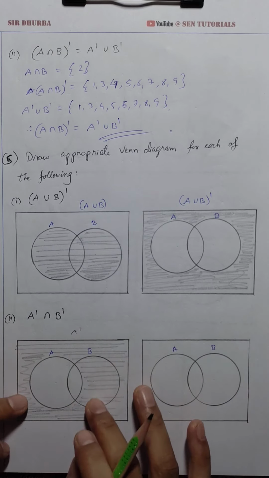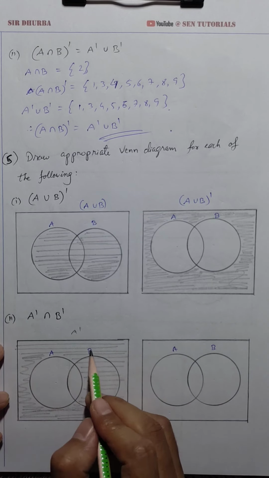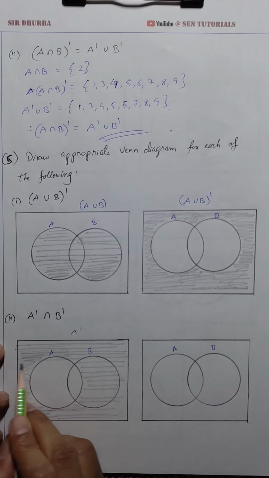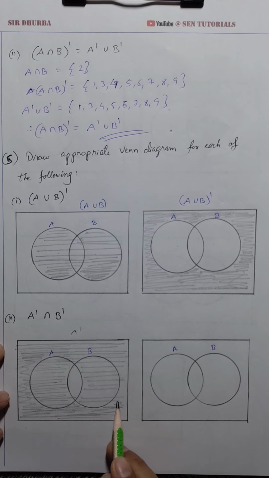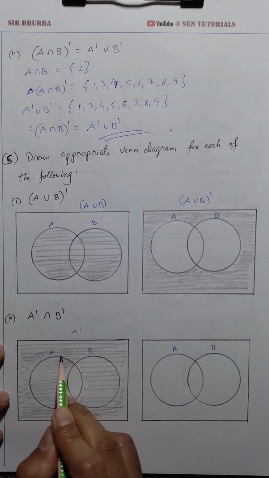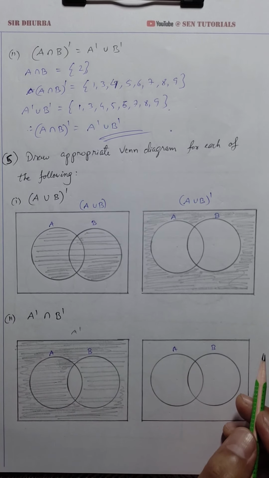This is A complement. Now B complement, if you go for it, everything that is except B. B complement.